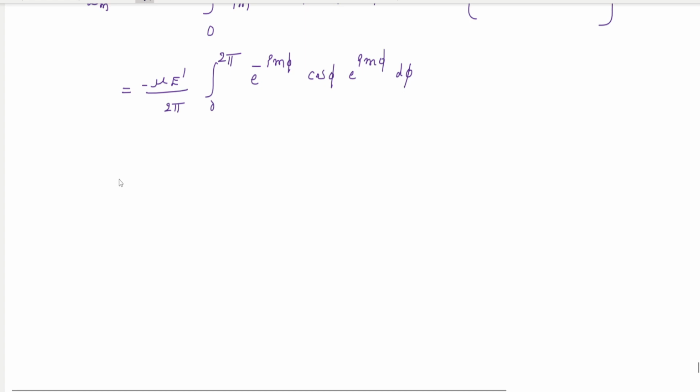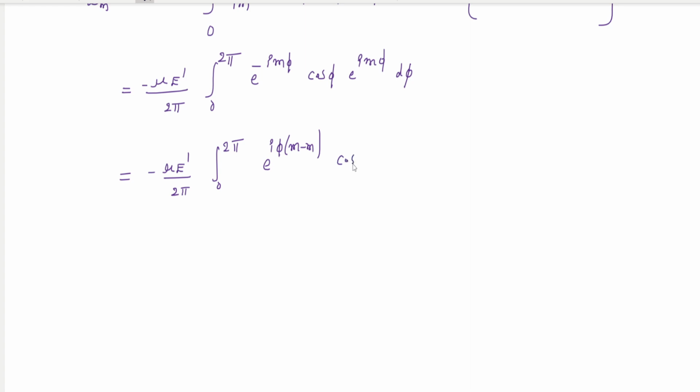Okay. Minus mu e prime divided by 2 pi, integral 0 to 2 pi, e power i phi (m minus m) cos phi d phi. So e power 0 equals 1, right? This portion is equal to 1, and we have minus mu e prime divided by 2 pi, integral 0 to 2 pi of cos phi d phi.